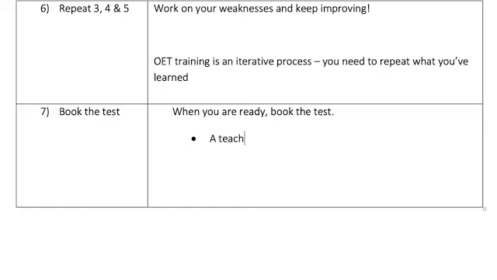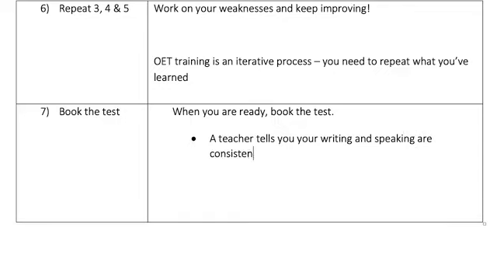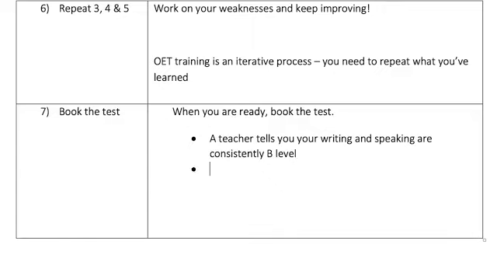A teacher tells you your writing and speaking are consistently B level. Also, when you consistently score 30 and above in reading and listening. If you don't meet both of those criteria, then there's no point booking the test.